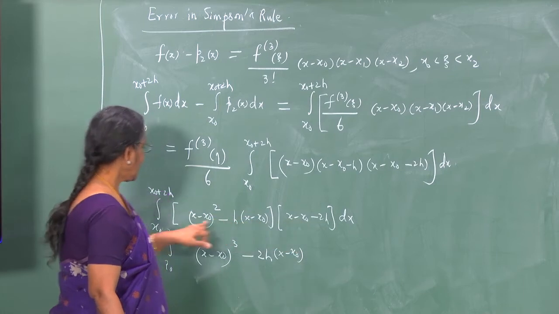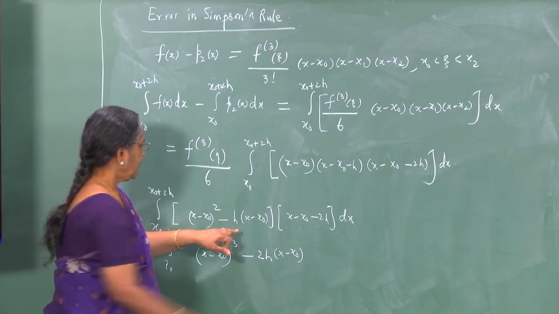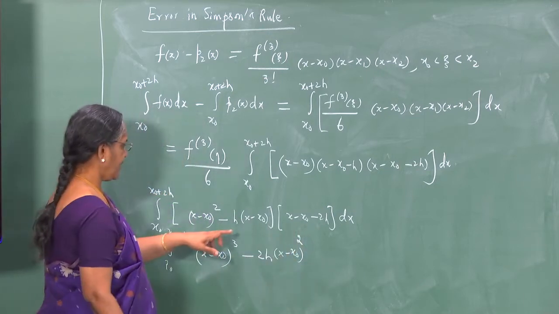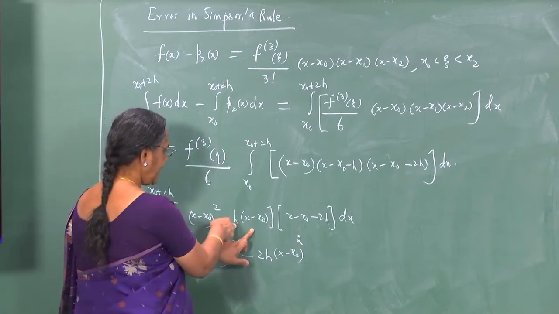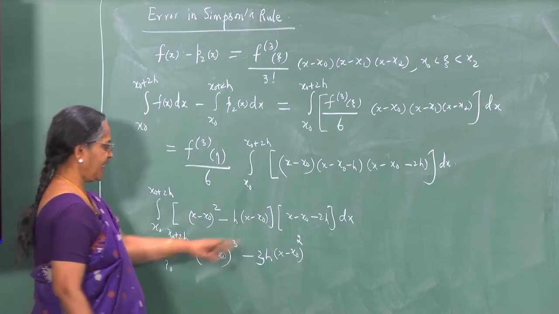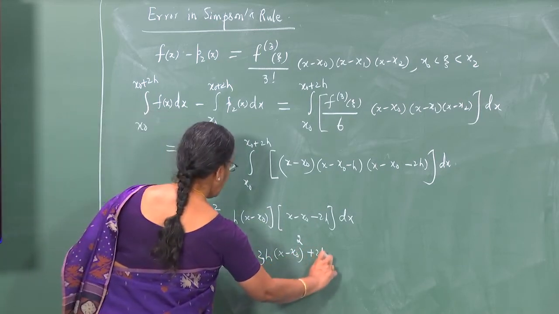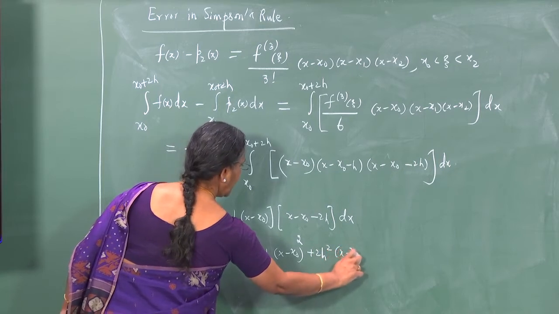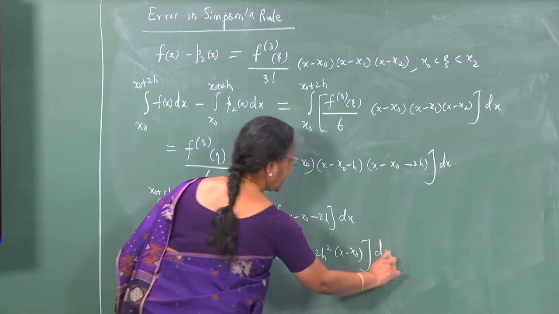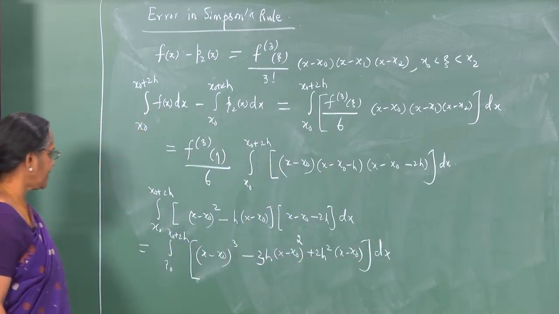So, (x minus x0) the whole cubed minus 2h into (x minus x0) the whole square. Then the next term, minus h into (x minus x0) the whole square. So, this becomes 3h, then plus 2h square into (x minus x0). So, this must be integrated with respect to x.